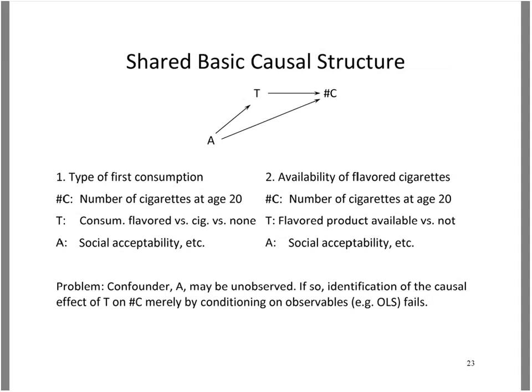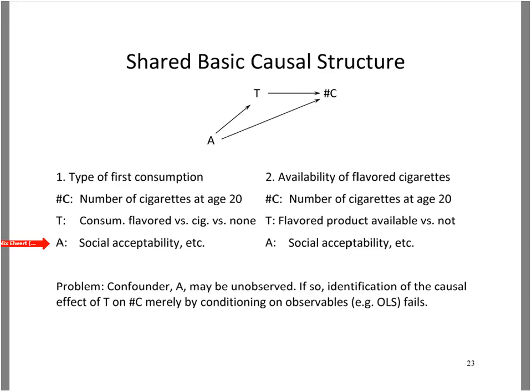We have a treatment, which in the first type of question is the consumption of flavored versus regular cigarettes versus no consumption at all. In the second question, T would mean that flavored products are available versus not. The outcome is the number of cigarettes smoked at age 20. In either case, we have some confounders that affect both treatment and the number of cigarettes smoked at age 20.